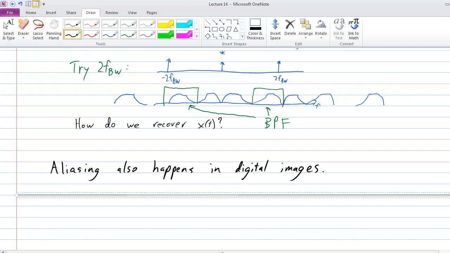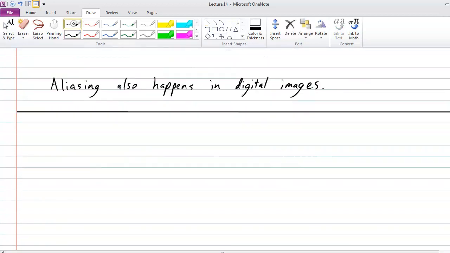All right, so let's now look at the reconstruction. What's the reconstruction actually doing?